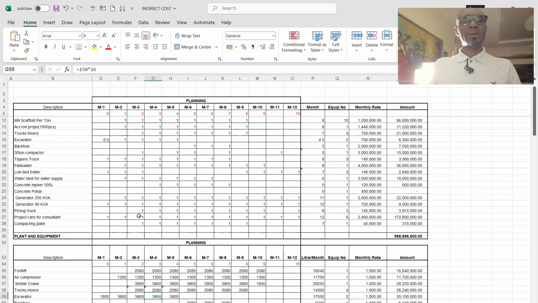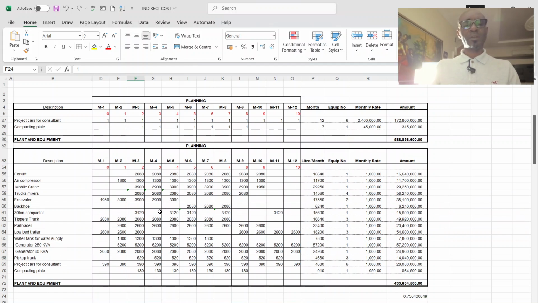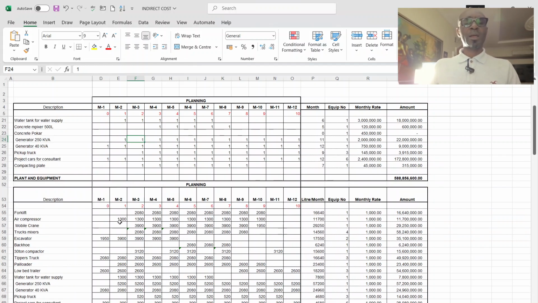Then some of us, if we are not too fast to catch, will be wondering why suddenly the one we're seeing here now is changing to figures that are in their thousands. I will explain. Every equipment from the manufacturer manual has an hourly consumption.